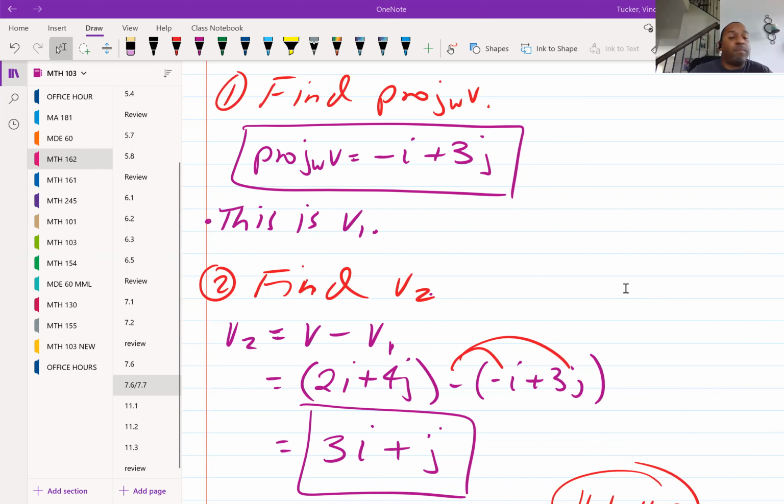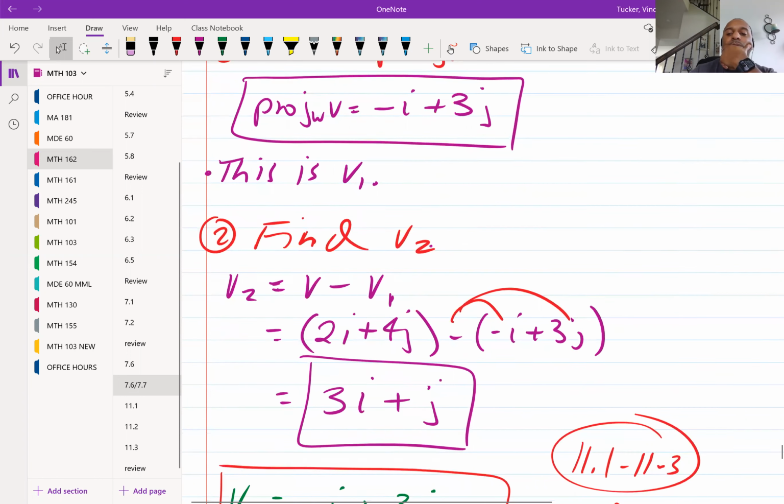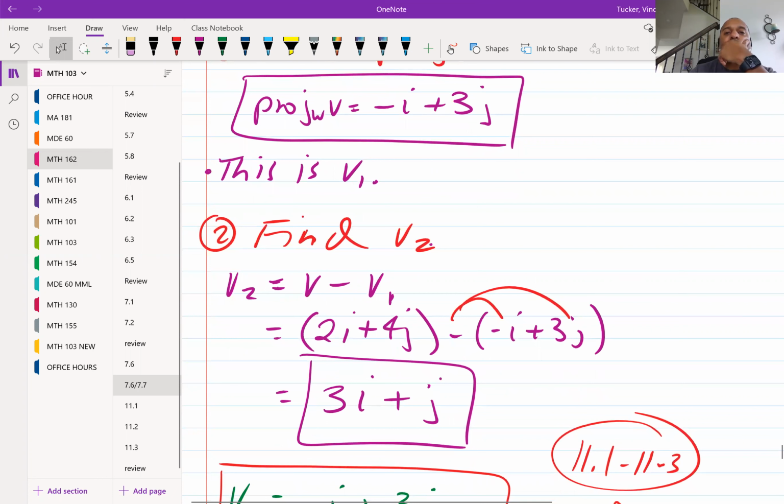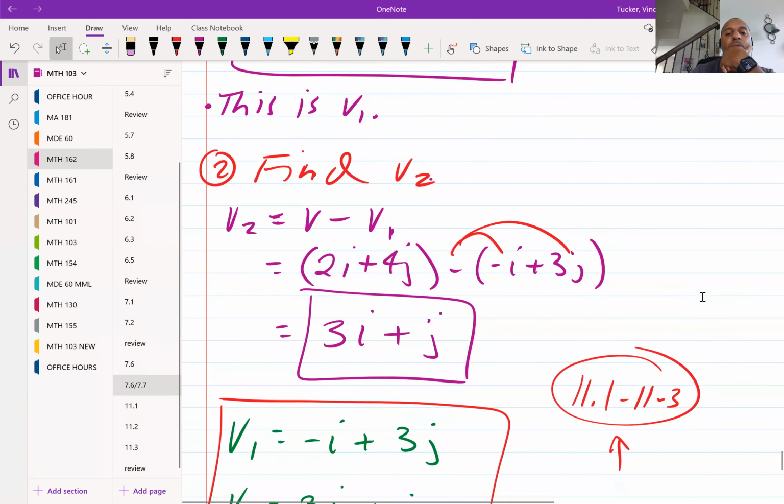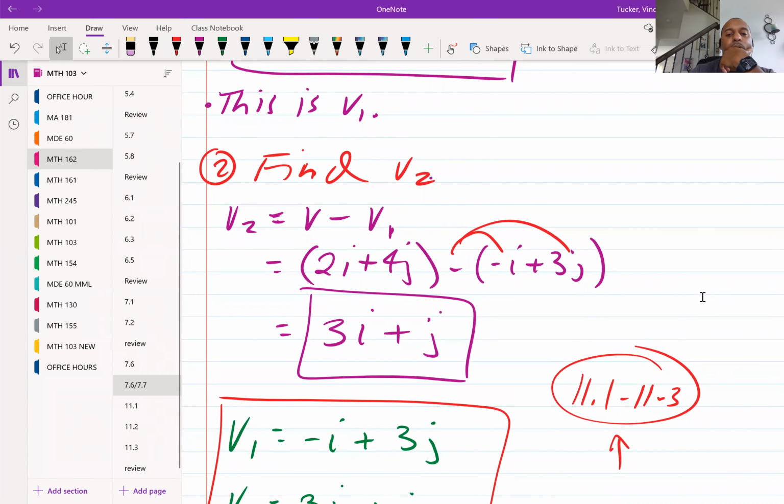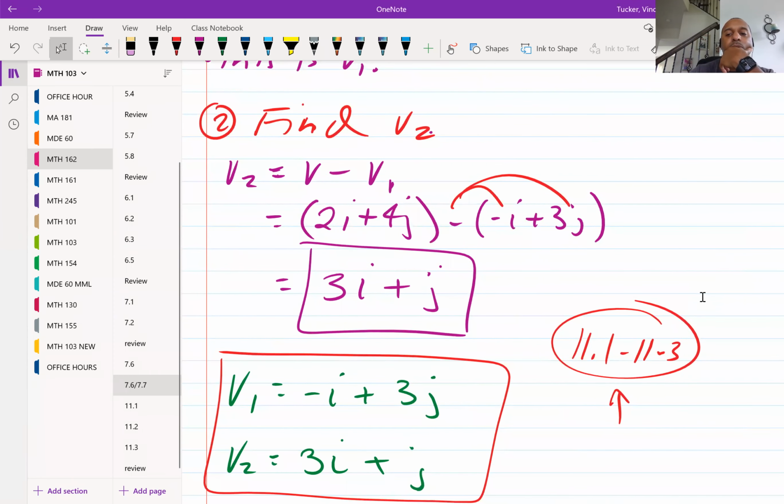So that'll be 2i plus i, which is 3i, and 4j minus 3j, which is 1j. All right, so that's V sub 1 and V sub 2.